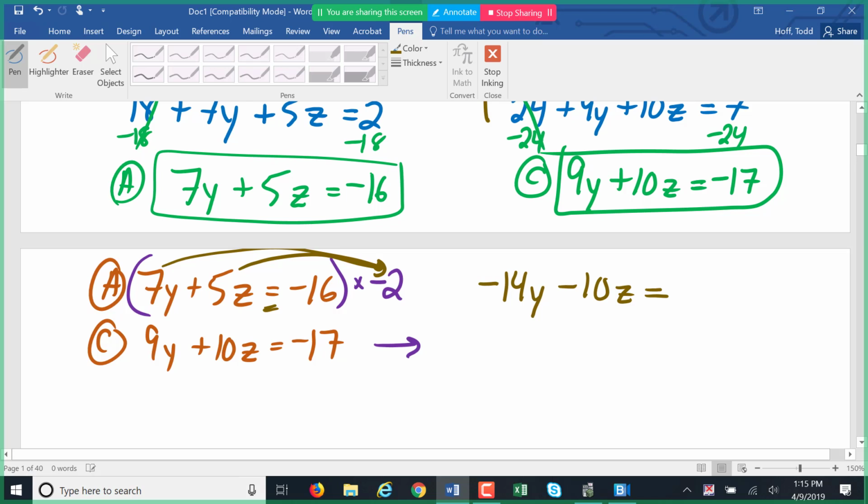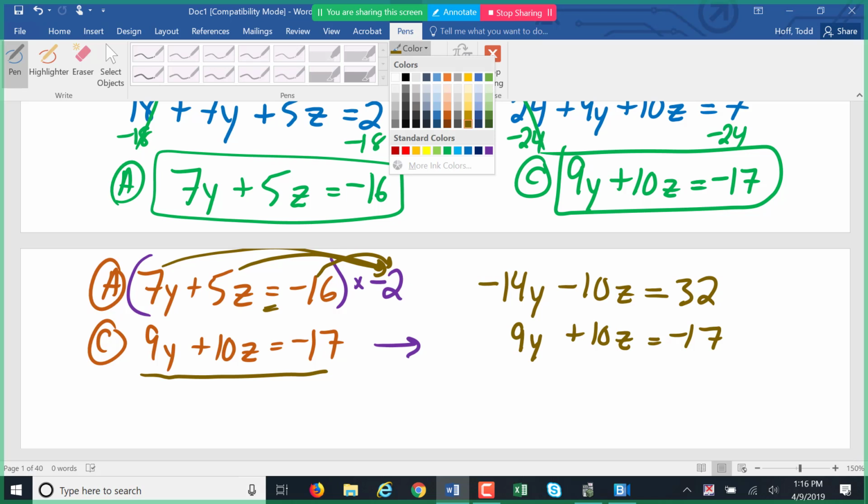Equals negative 16 times negative 2 is a positive 32. The bottom equation, C, we said we're going to keep as it is. So that's just 9y plus 10z equals negative 17.